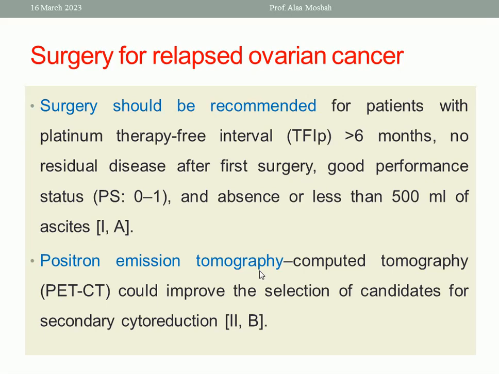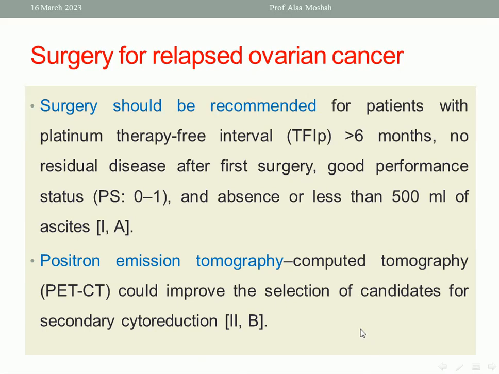No residual disease after first surgery. Good performance status, the general health PS between 0 and 1. And the absence or less than 500 milliliters of ascites. These items should be fulfilled before you recommend surgery for such a patient with relapsed ovarian cancer.